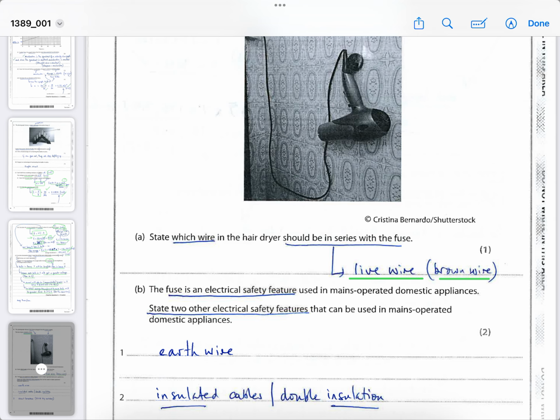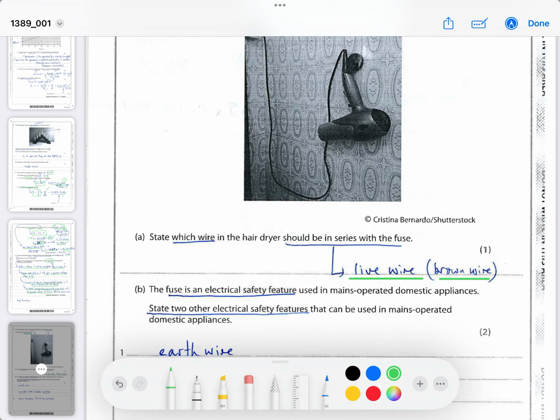Well, obviously we've already talked about the earth wire. If something goes wrong, the earth wire gives a shortcut back down to earth. Earth is also considered to be a neutral wire, except the difference between the earth and the normal neutral wire is that to get to the neutral wire you've got to go through the appliance, but to go to the earth wire you can go directly without going through the appliance.